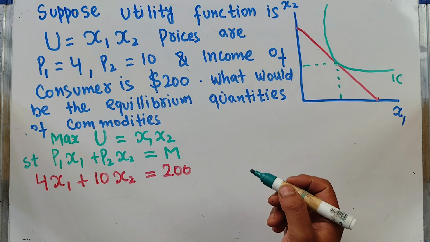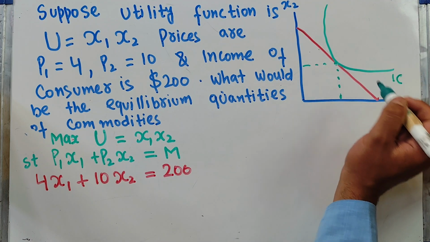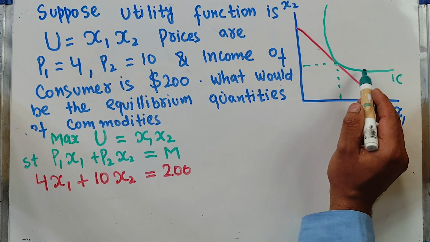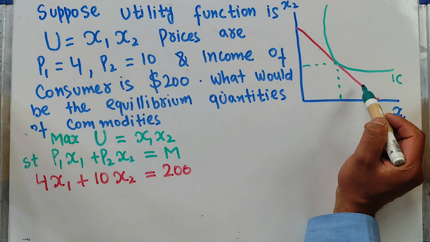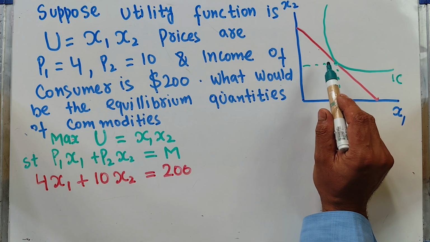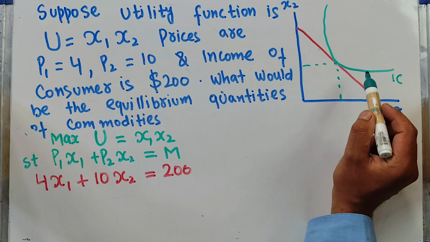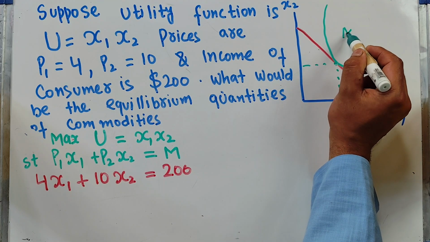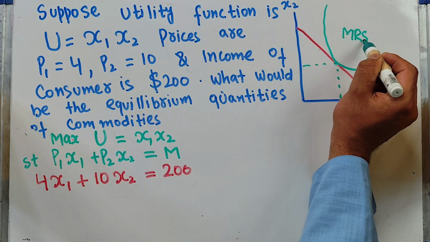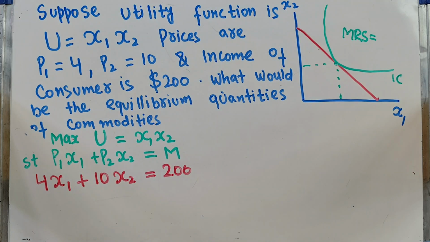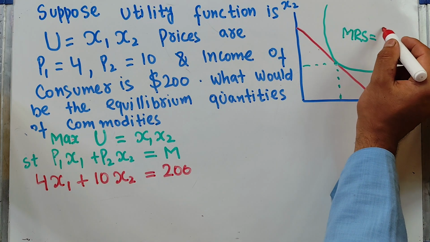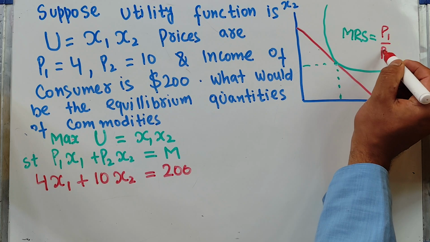So at this point, what is happening? The slope of the indifference curve, the slope of this green curve, is equal to the slope of the budget constraint, which is the red one, and there the marginal rate of substitution is equal to the input price ratio, that is, the price of good 1 upon the price of good 2.